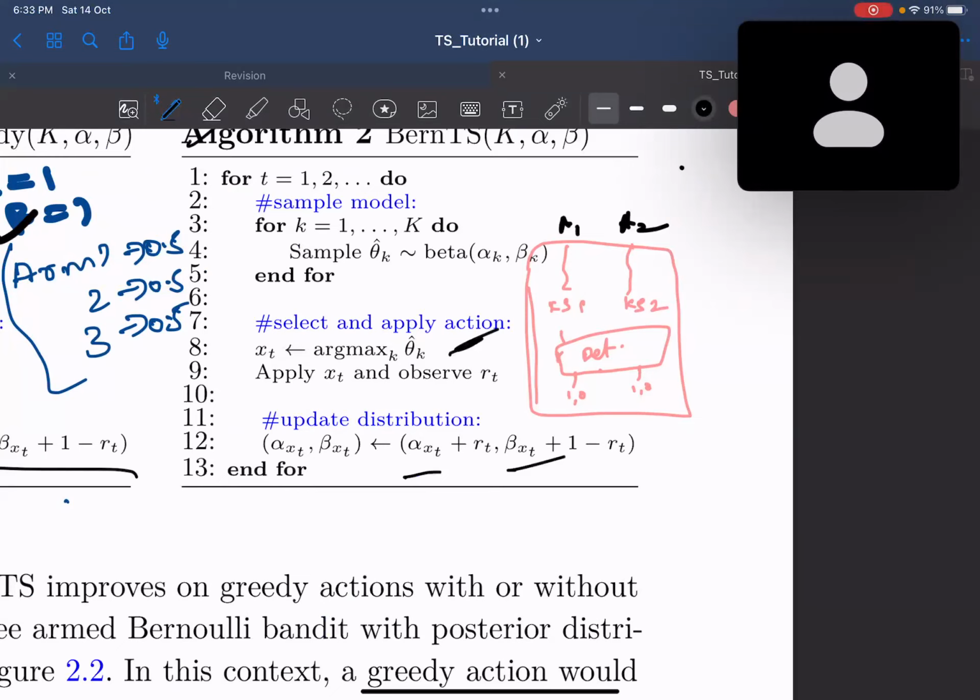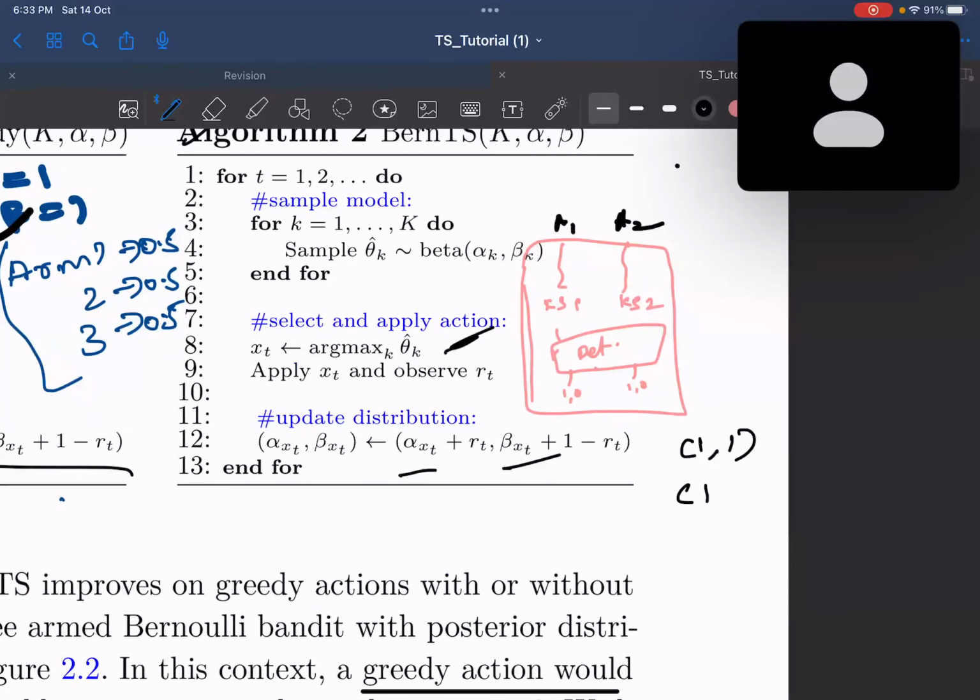Suppose I have two arms, arm 1, arm 2, both beta is basically 1, 1, and I sample it. And suppose arm 1 gives me the better reward, so I'll update the alpha, alpha plus 1, and beta stays as such, which means it will be beta 2, 1, and it will sample again. So basically it takes care of the exploration and exploitation accordingly.